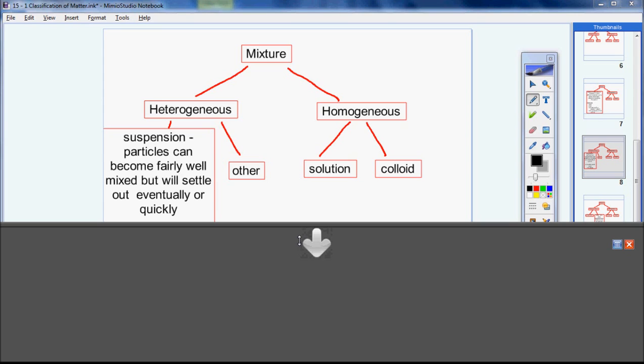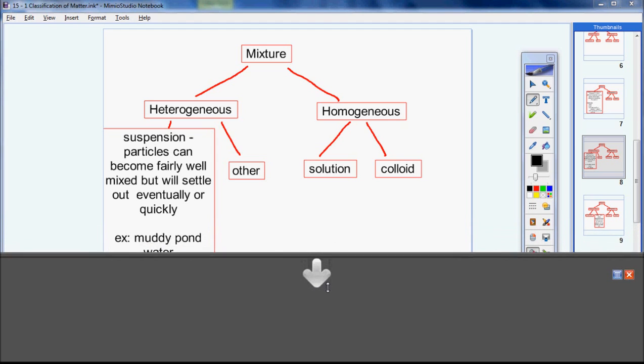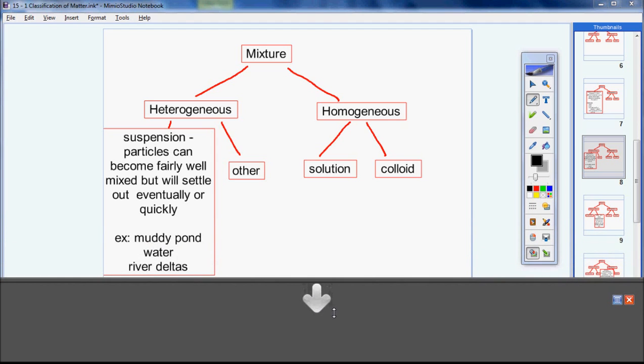A good example of that would be if we went out to the pond and we took a nice big bucket from the pond. It might be all stirred up and it might just look like muddy water for a while, but if you set that thing out for a while, the mud would begin to settle to the bottom.